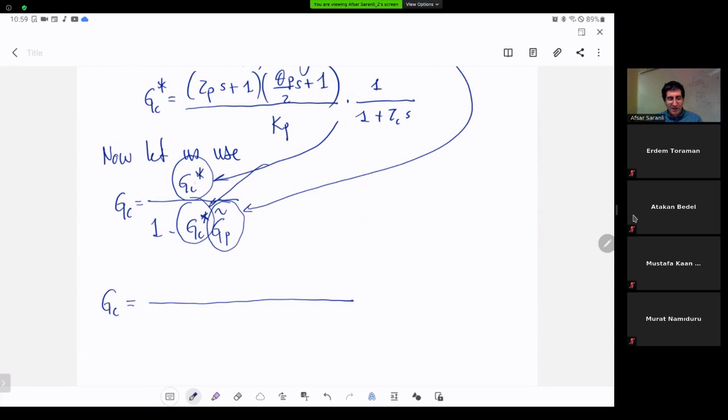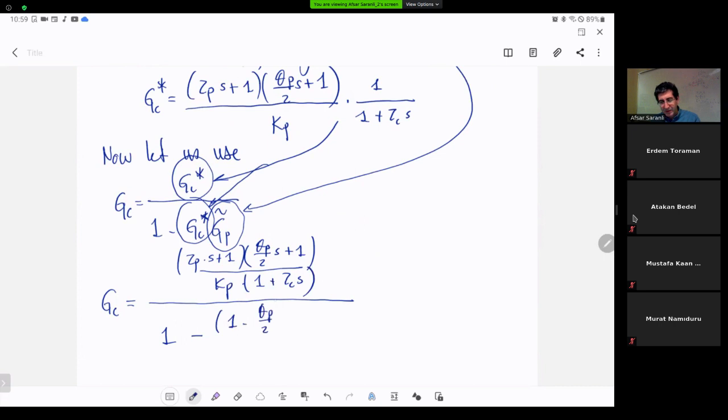In the numerator I have GC star, so I'm going to write that here: tau p times s plus 1 over theta p over 2 s plus 1, divided by kp times (1 plus tau c s) over 1 minus... If I multiply the 2, in the denominator I will have 1 minus theta p over 2 s over 1 plus tau c times s.